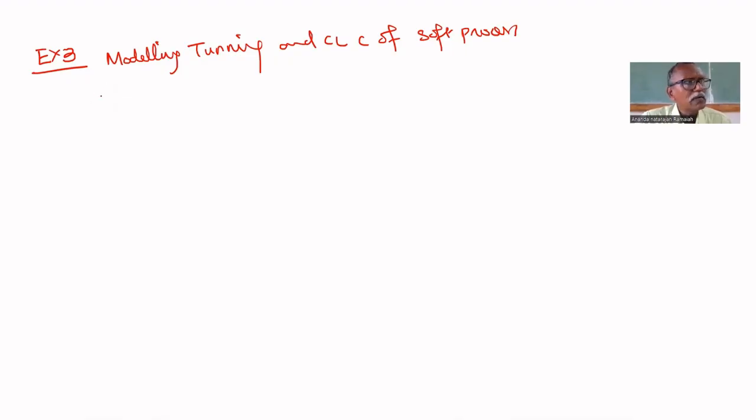Here, if the order of the process increases, you will get more dead time. If I draw the step response of a first order process, if you give a step input, the response will be looking like this.